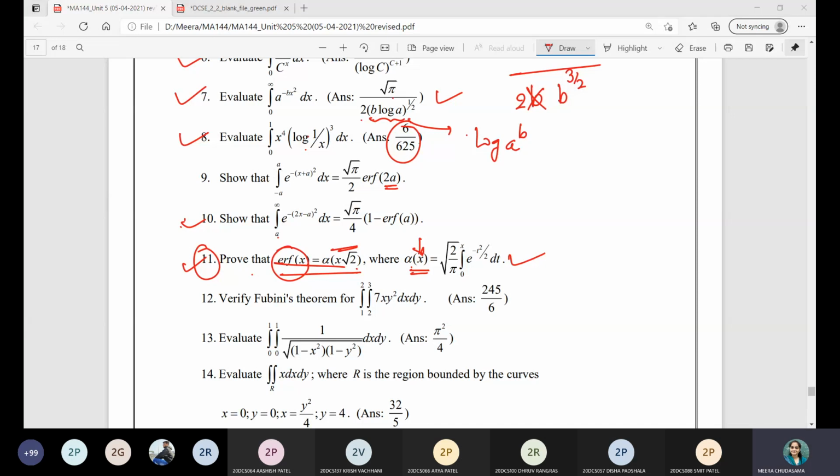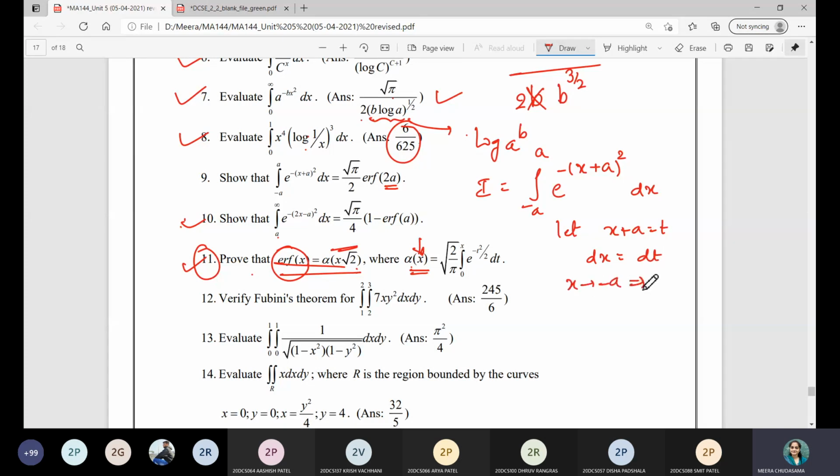Should I solve it or will you do it? Let me do it here. Integral minus a to a; I will assume this as I. So we choose x plus a is equal to t, so dx is equal to dt. x tends to minus a implies t tends to 0, x tends to a implies t tends to 2a.